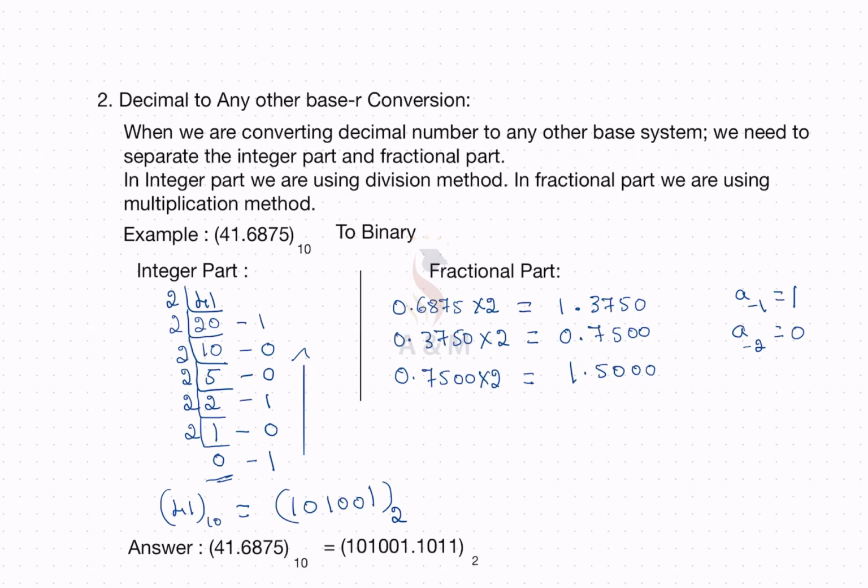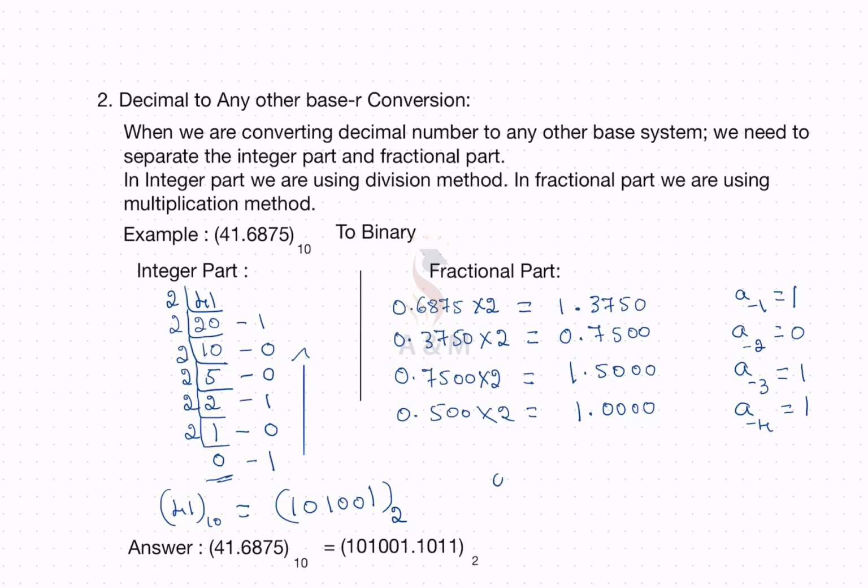Since there is an integer part, consider it as a coefficient, that is a minus 3 is equal to 1. Now, 0.500 into 2 is equal to 1.0000. Here, coefficient a minus 4 is equal to 1. But there is no fractional part.